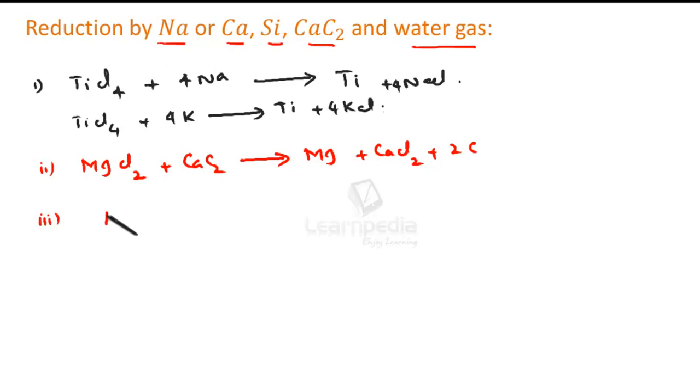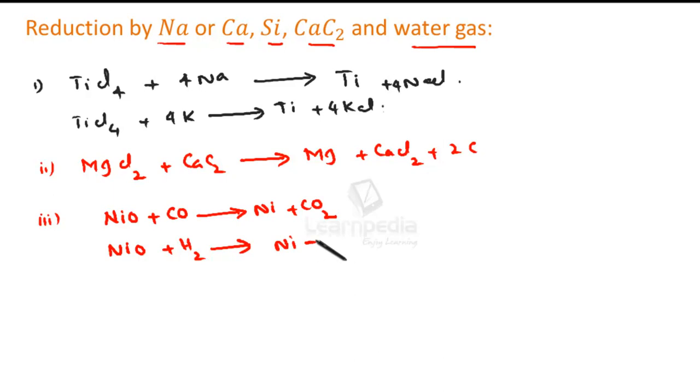So nickel oxide, NiO, as we could see earlier, can be reduced with carbon monoxide to give nickel and carbon dioxide, and the hydrogen associated with the water gas can also reduce this nickel oxide, NiO, with hydrogen to give water plus nickel. So thus the mixture of carbon monoxide and hydrogen, known as water gas, can be used in the reduction of nickel oxide to give nickel metal.